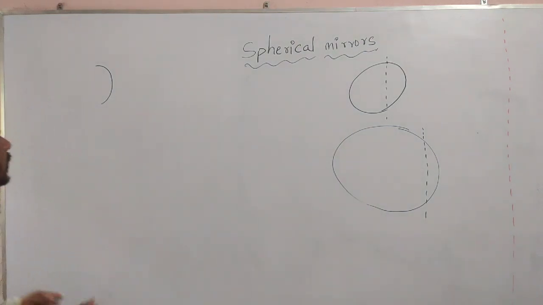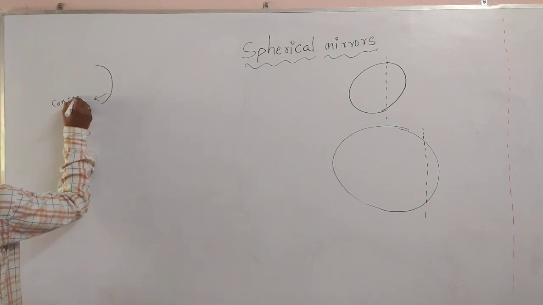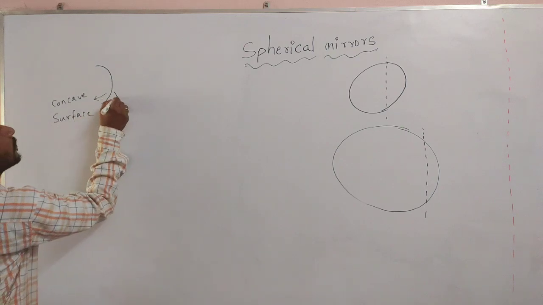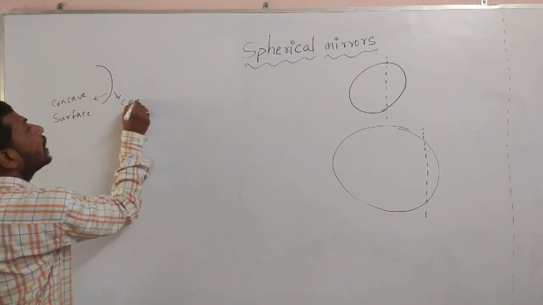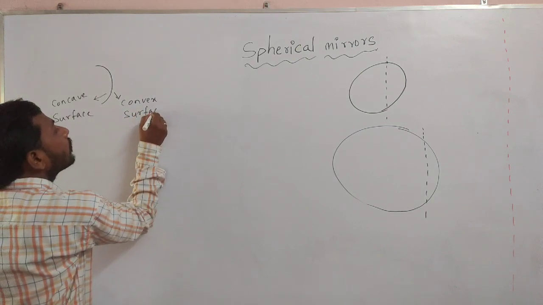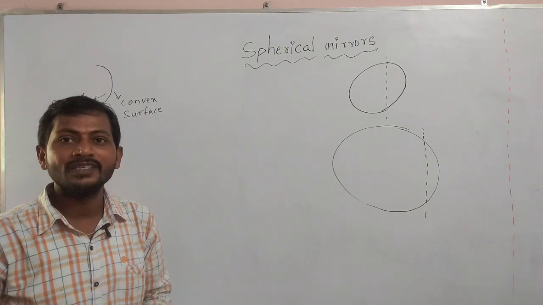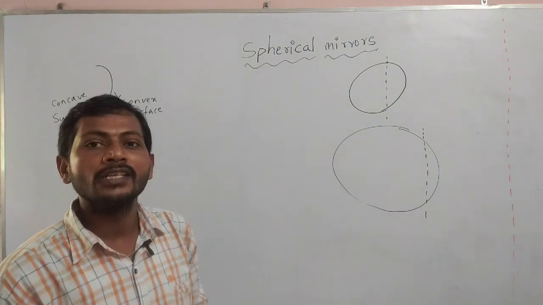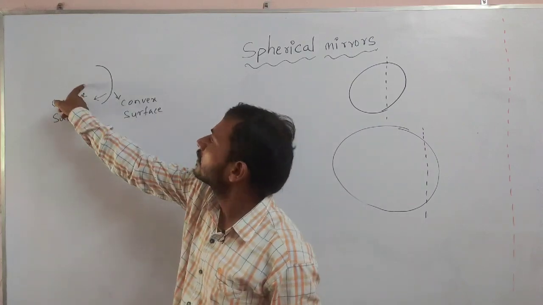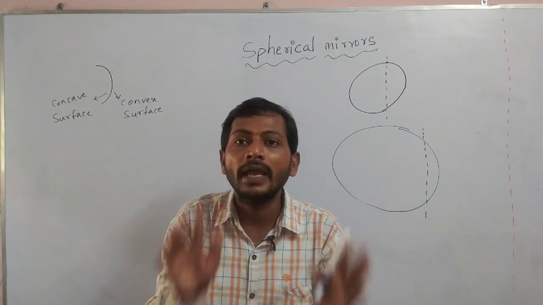That's why this is named the concave surface and the opposite surface is named the convex surface. So many of our friends get confused even after discussing this much. After going to the exam they will say, sir, is this convex or concave? You should remember like that.